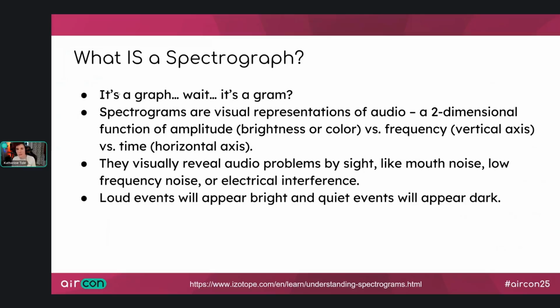It is a two-dimensional function of amplitude, which is the brightness or the color, versus frequency, which is the vertical axis, versus time, the horizontal axis. The spectrograph is the analyzer that converts the audio information it receives into a graphical output. So the output of a spectrograph is the spectrogram. This is very confusing to my brain, so I might keep saying spectrograph by accident.